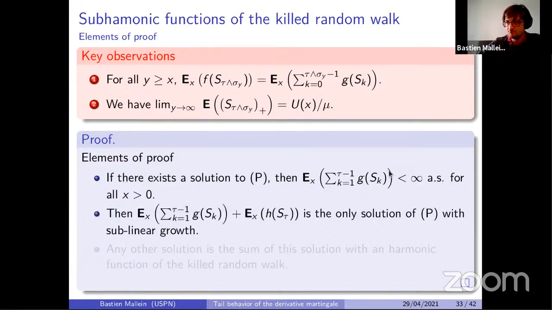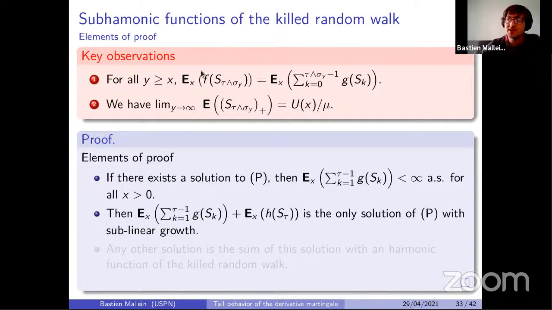Then you look at this particular function, and you show that this function actually has sublinear growth. So it is a solution of the Poisson equation, and it is a solution with sublinear growth. And because you have this property over here, you can show that it is in fact the only solution with sublinear growth.